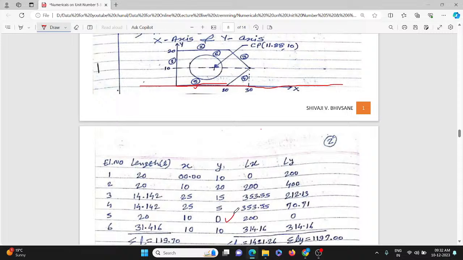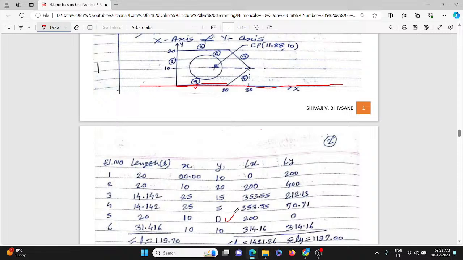So once again I am repeating, what is y? So y is nothing but the distance of the centroid of that particular element, or the centroid of that line perimeter, from the x-axis.